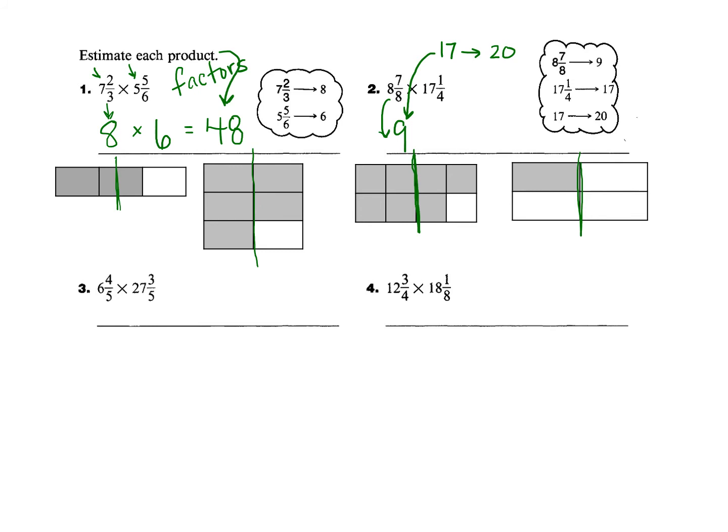Again, when we're estimating, sometimes you have to make a decision, like what type of estimating do you want to do? And because of my answer key over here, it looks like they want us to estimate more with mental math. So I know that 2 times 9 equals 18, and then I add the 0. So it's 9 times 20 equals 180.